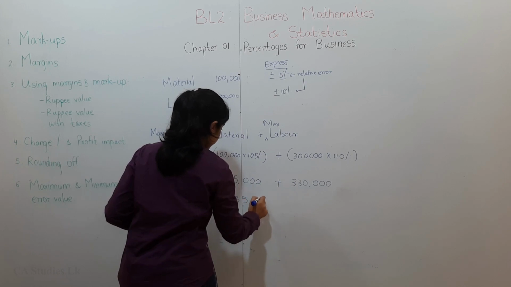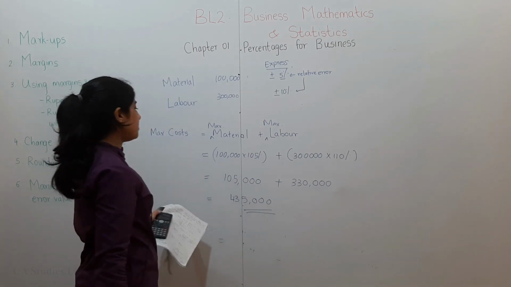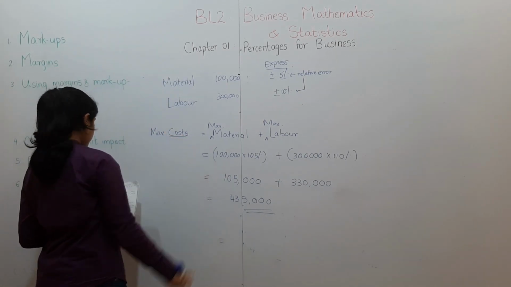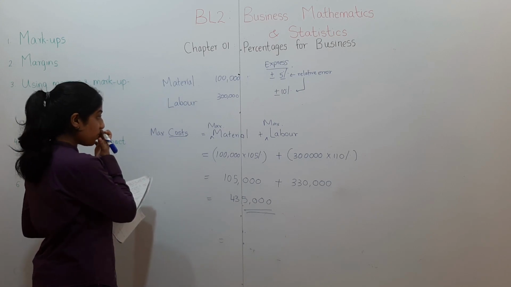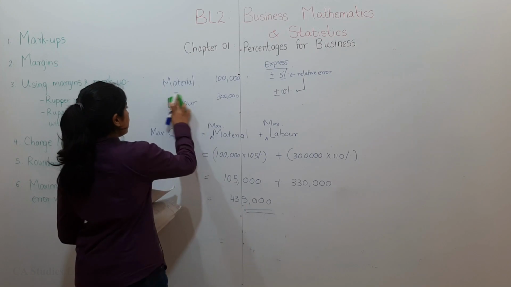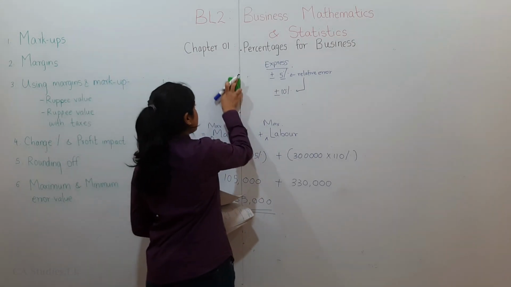Okay. So this is your maximum cost. Now we want to get the maximum error. Now remember 100,000 and 300,000.